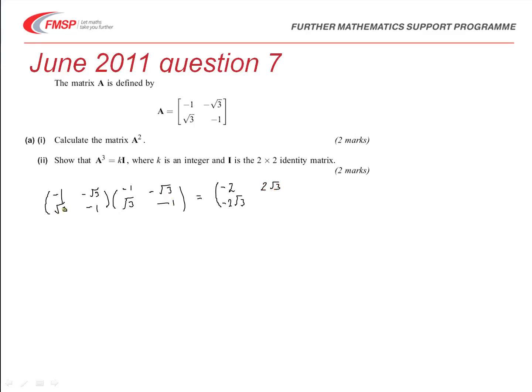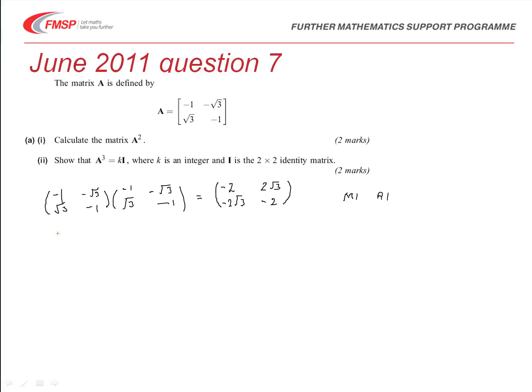And then finally the second row with the second column gives us -root 3 times root 3, so it's -3, and a -1 and a -1 gives us +1, so again that gives us -2. 2 marks there, one for an appropriate method and obviously an accuracy mark also associated with the answer. You've got to get at least 2 entries to get the method mark, but you wouldn't get the accuracy mark then.